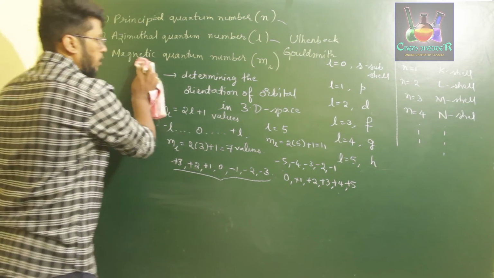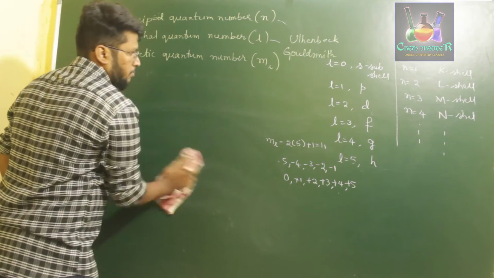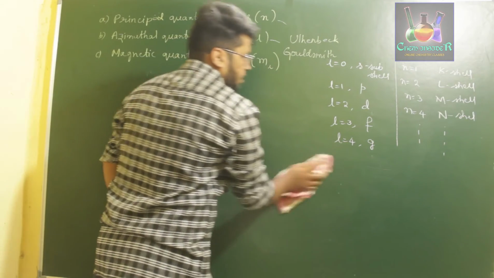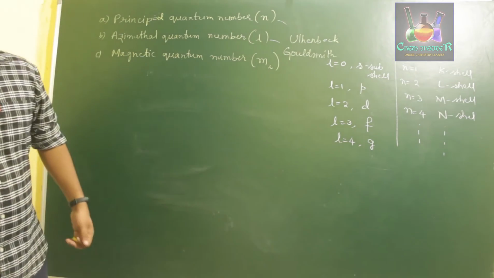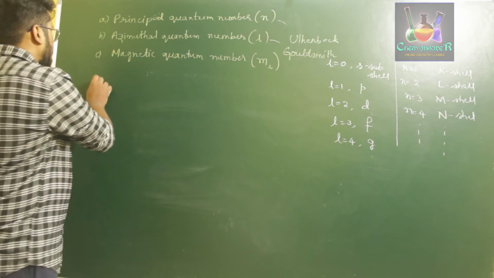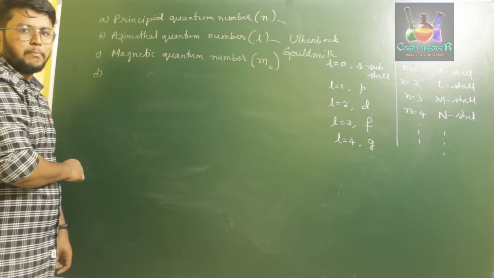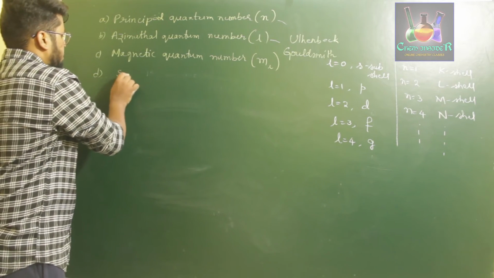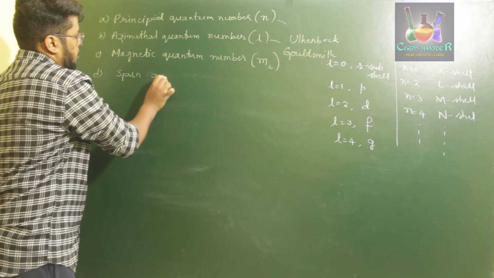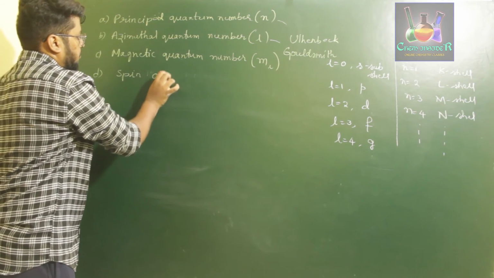They called the 4th quantum number the spin quantum number. So now we have 4 quantum numbers: principal, azimuthal, magnetic, and the last one is the spin quantum number, which is also called the spin angular quantum number.